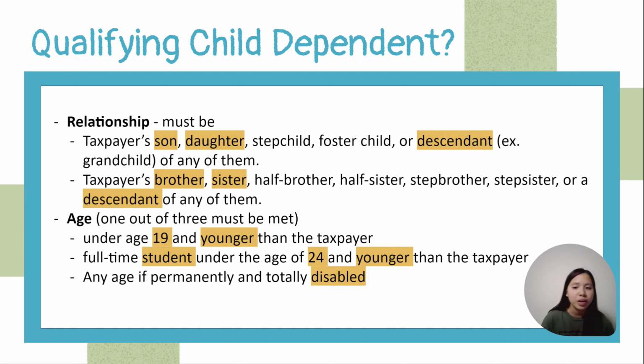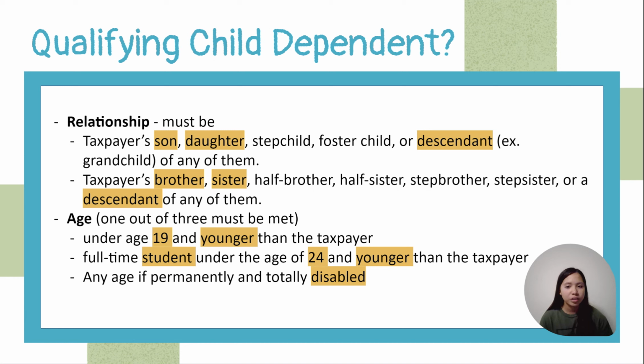Now, there's one other caveat to this age test, and that is the dependent can be claimed at any age if he or she is permanently and totally disabled. So this would be the case of, say you're doing a tax return for a client who is 50 and she has a daughter who is 30, but the daughter is permanently and totally disabled.